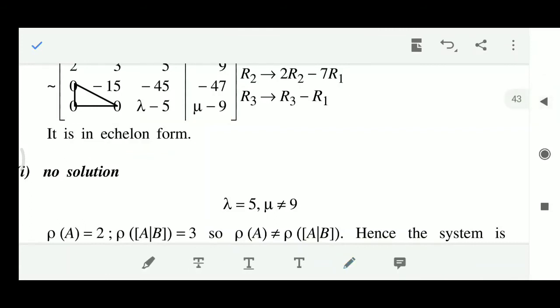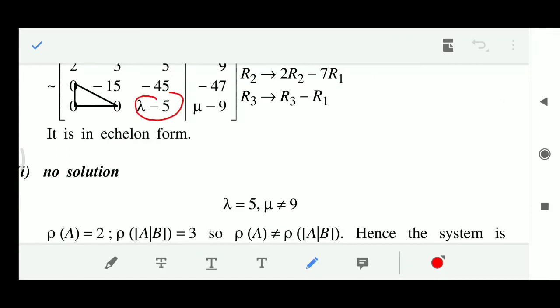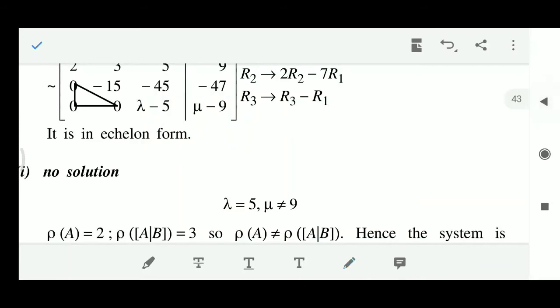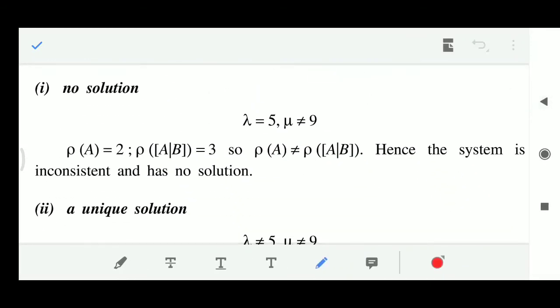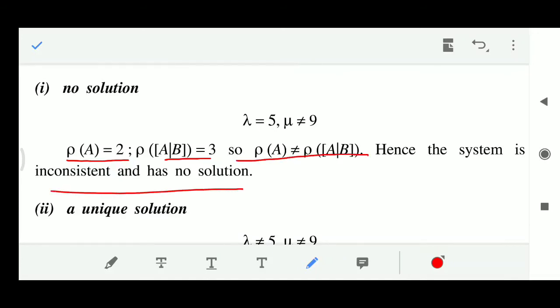Thus the obtained matrix is in echelon form. So for the first condition, no solution, the rank should not be equal. So just by substituting the value of lambda as 5, you will get 0. If you have mu as not equal to 9, you will get the rank of A slash B is equal to 3.